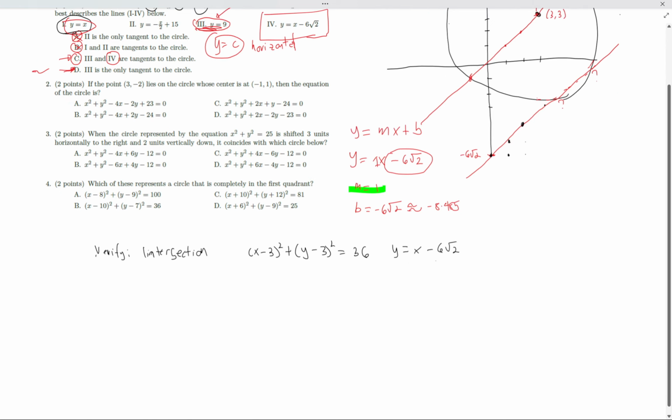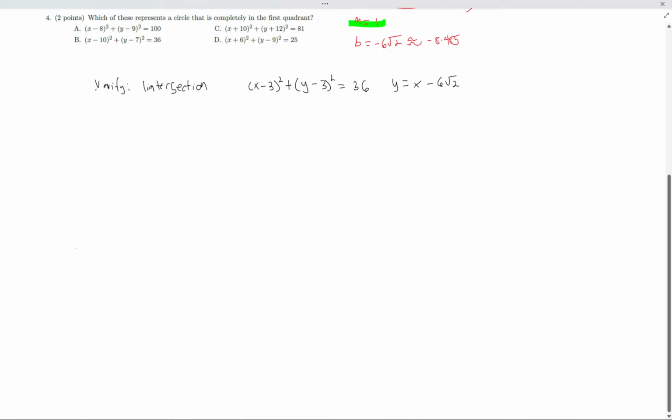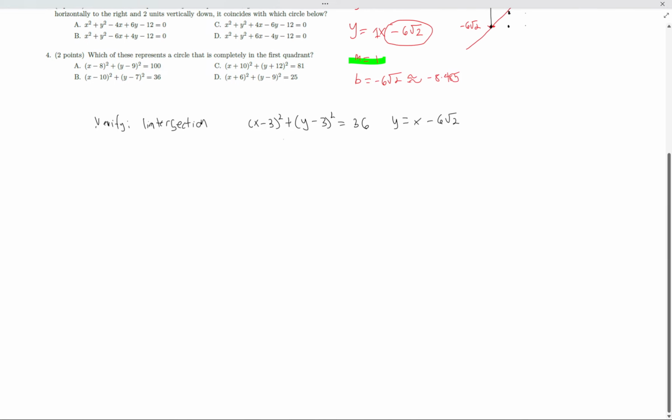Now let's try to think about this analytically. In order to find the intersections of this circle and this line, we just have to substitute the equations into each other.